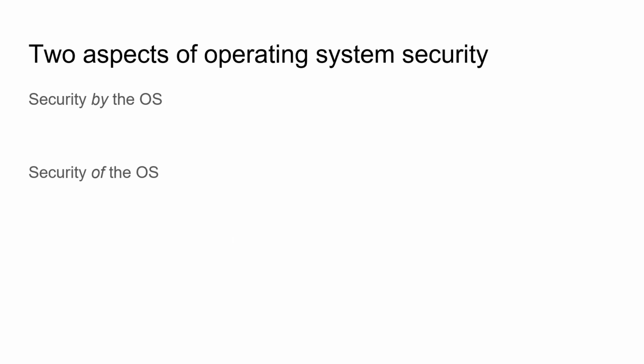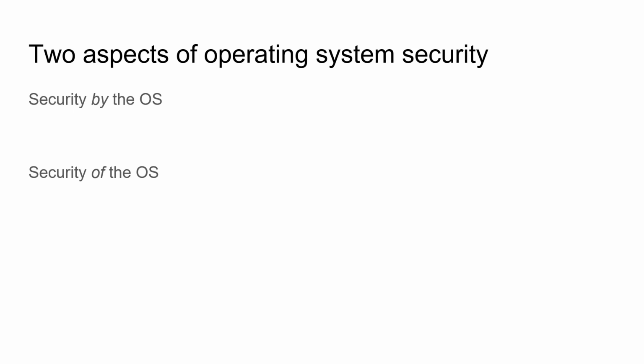At this point, it's good to make a distinction between two important aspects of operating system security. On the one hand, there is the security that is offered by the operating system. This is the operating system trying to make sure that your process can only access its resources, its files, its data, and not my resources, my files, my data, or indeed my CPU time.